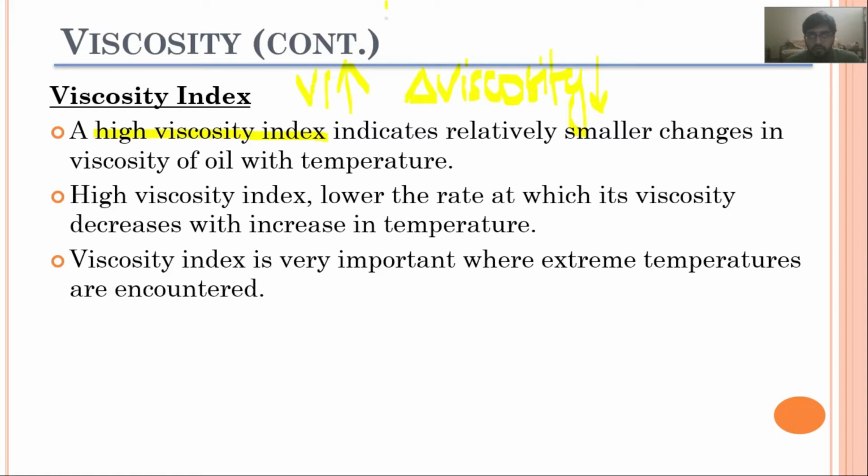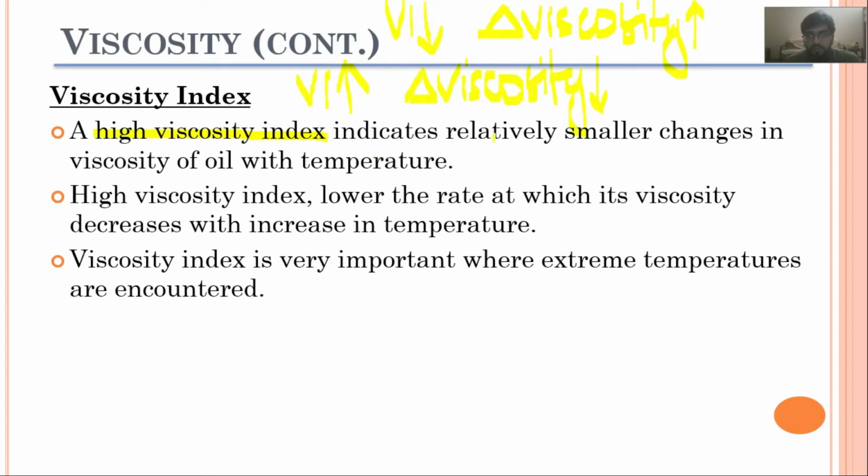But if the VI number of the lubricant is low, it means that the change in viscosity with the change in temperature is high. So this is what the viscosity index number means.